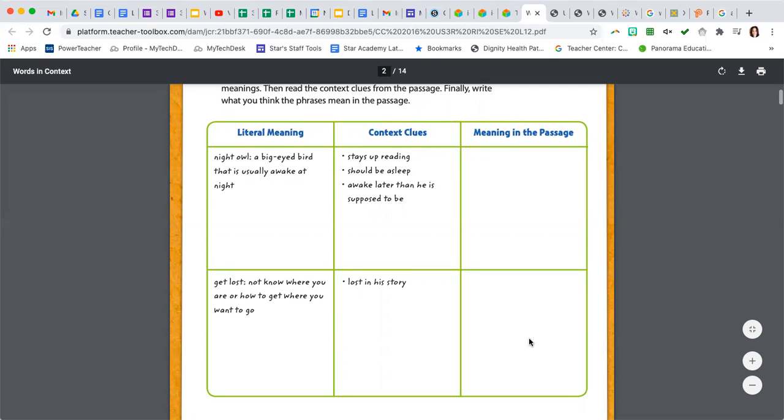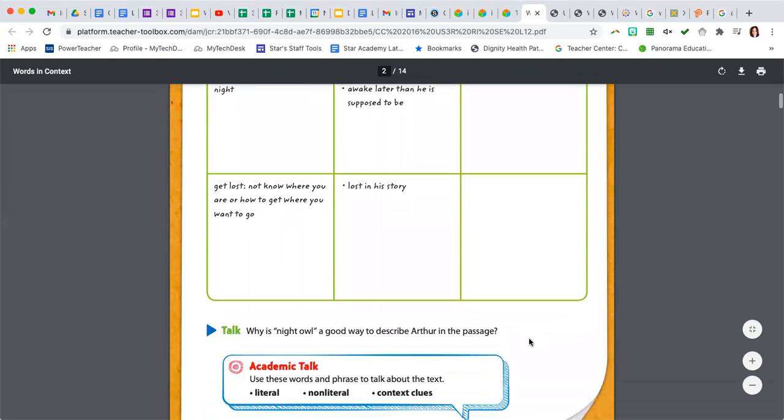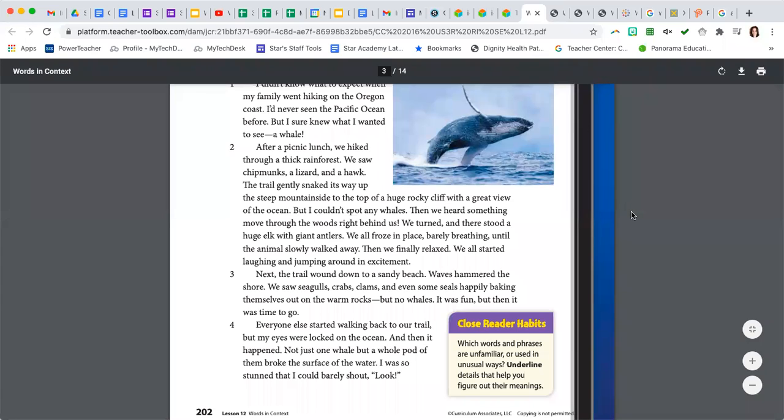And we're going to be doing this together as a whole group before we proceed to the next passage in the lesson. Okay, my friends, so now we are going to move on to the passage on page 202.